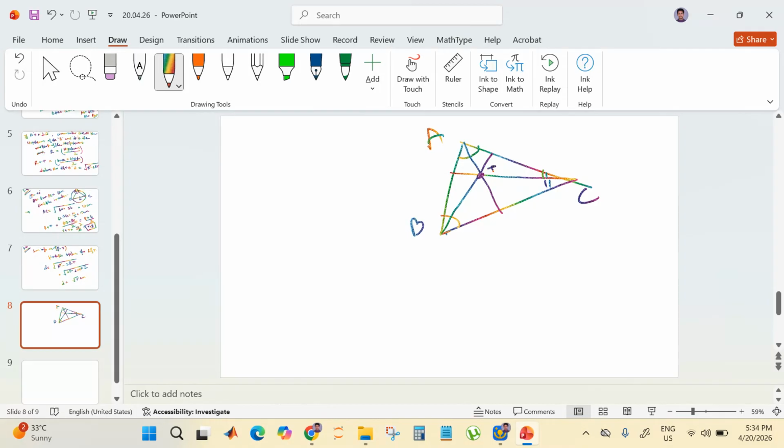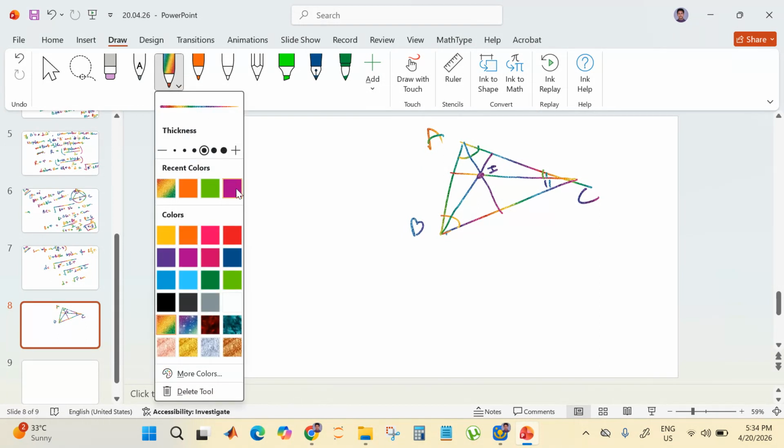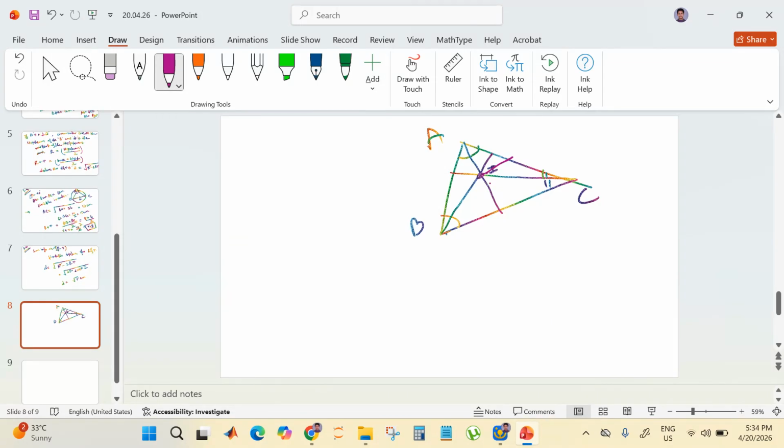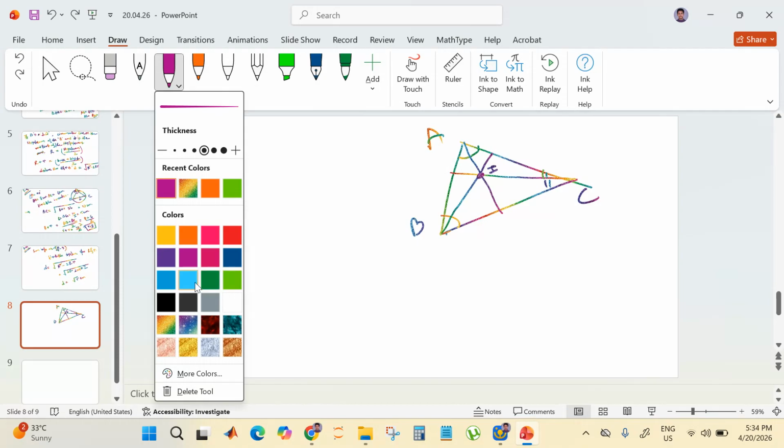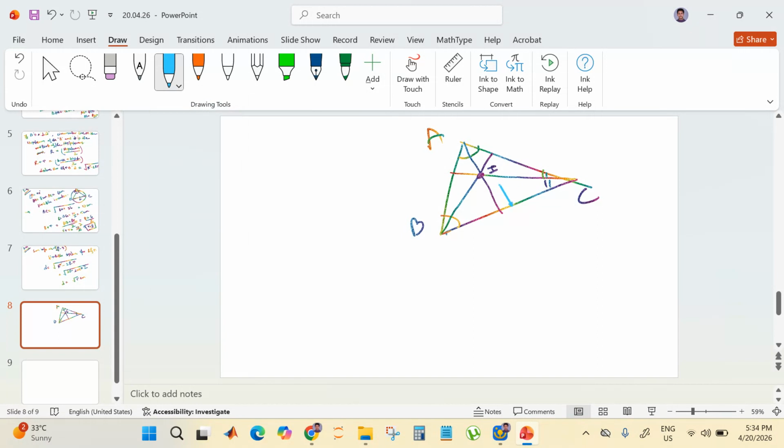Suppose this point is I, and if I draw the perpendicular bisector of all three sides. Perpendicular bisector means, suppose I use another color, this blue one. So this is a midpoint, right, and perpendicular on it.